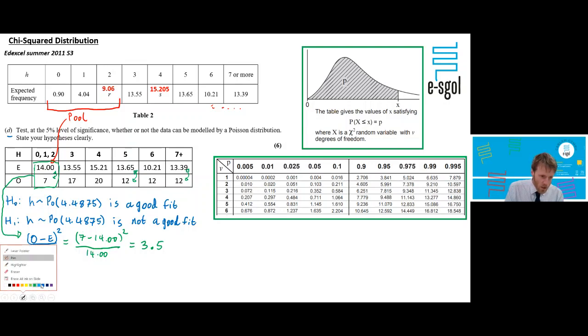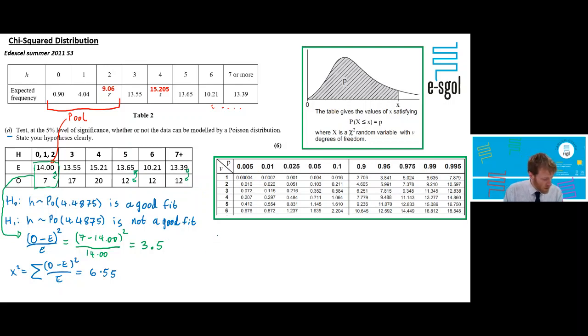Now, if I were to do this process for all of them, you get your test statistic, which is the sum of all of what we've just done. If you add them together, you're getting 6.55. So that 3.5 contributes a lot to that 6.55. So those are the chi-squared contributions, and a bigger number there is worse.